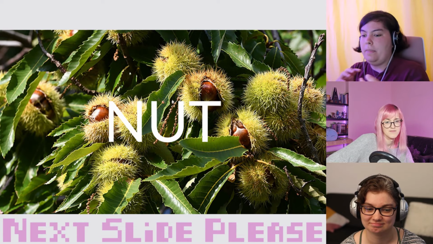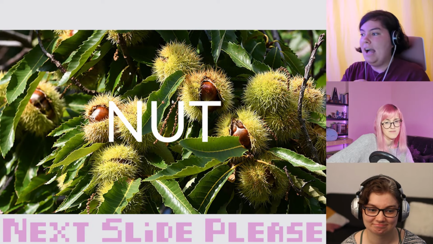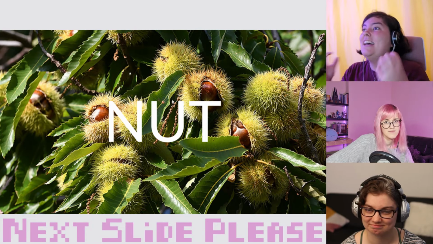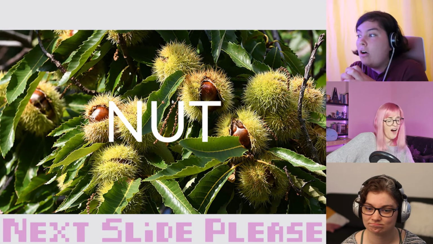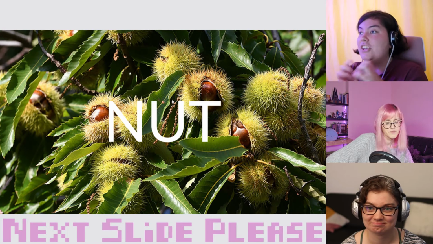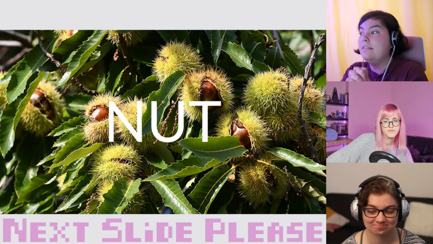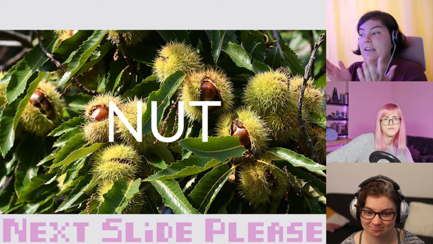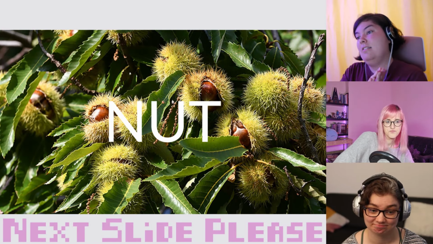It's formed from the part that connects the flower to the stem. And it's an accessory fruit that protects and holds the nuts, which are each individual fruits, until they're mature. And they can hold between 1 and 7 nuts.